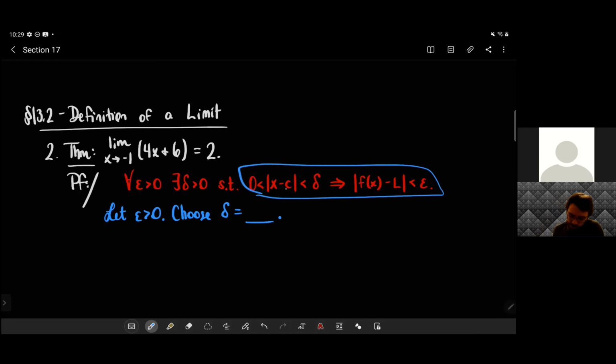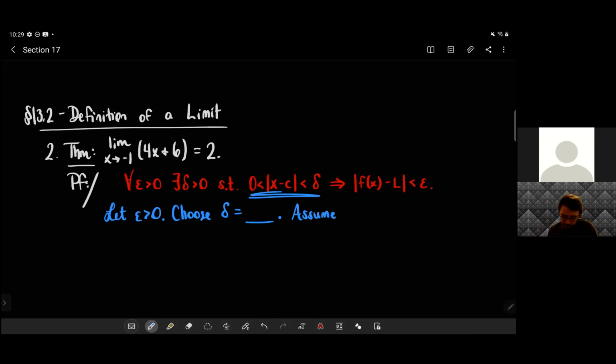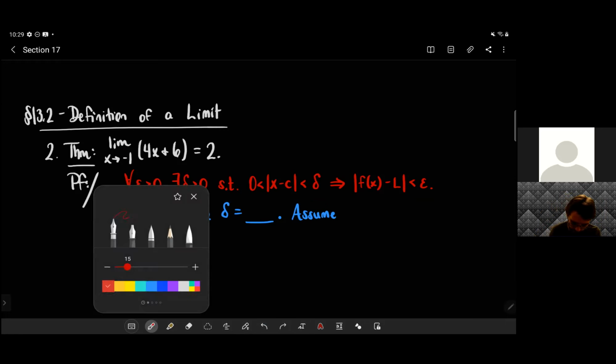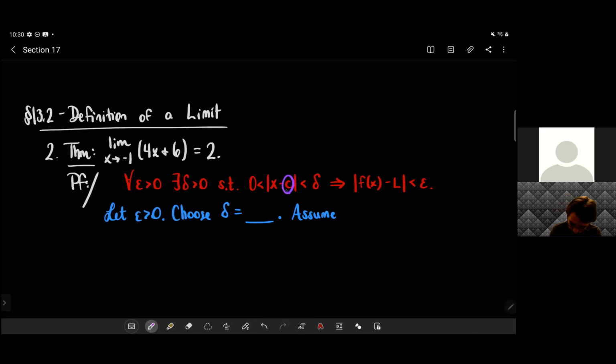And what is this? Well, this is an implication with an assumption on the left and a conclusion on the right. So if there's an assumption on the left, let's assume it. Assume this holds. Of course, I have to pick what C is. And if you look back at the definition of a limit, C is the value that x is approaching. So maybe I'll highlight that in red or purple. C is -1 in this case.